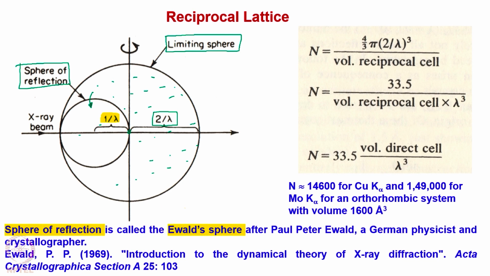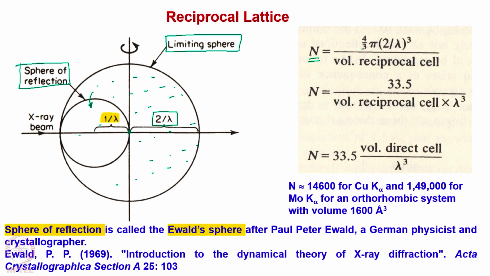So utilizing this concept, and assuming that there is one reciprocal lattice point per unit reciprocal lattice volume, one can calculate the number of reflections that can be obtained from a given crystal.